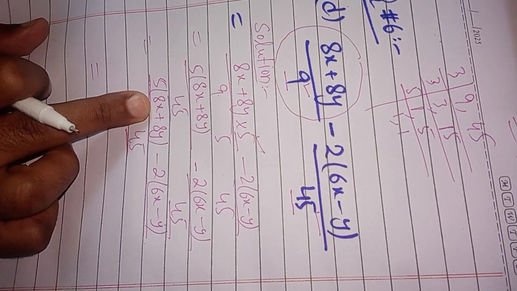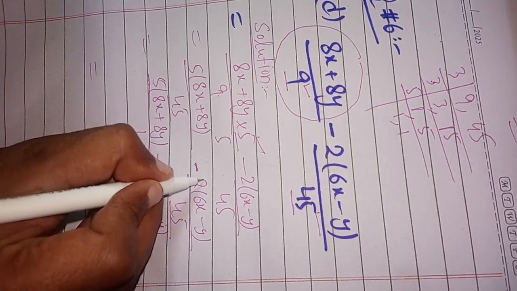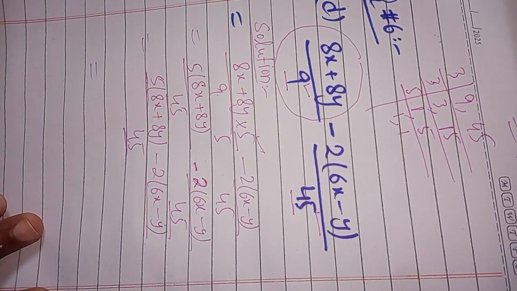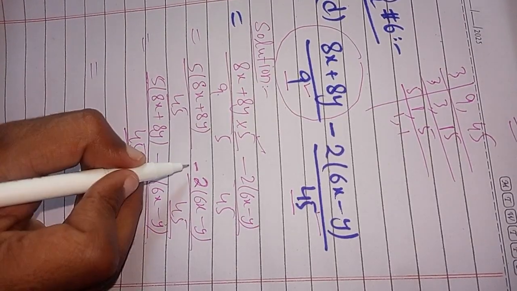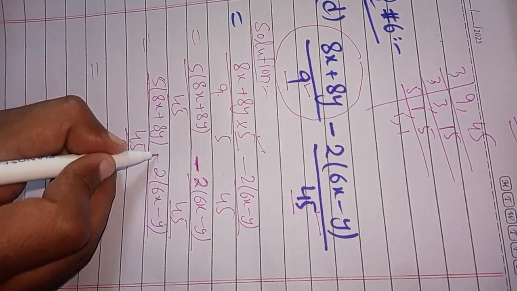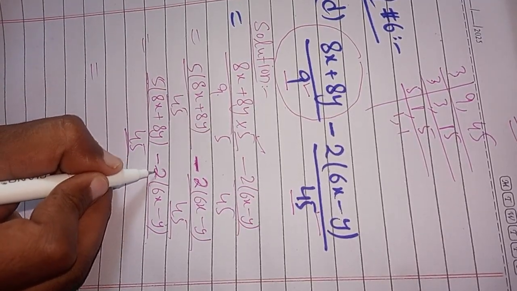If there is a plus sign, we add them. If there is a subtract sign, we subtract them. Here we subtract because there is a negative sign between them. The second term comes as it is, because its denominator is the same and there is no change in its numerator.